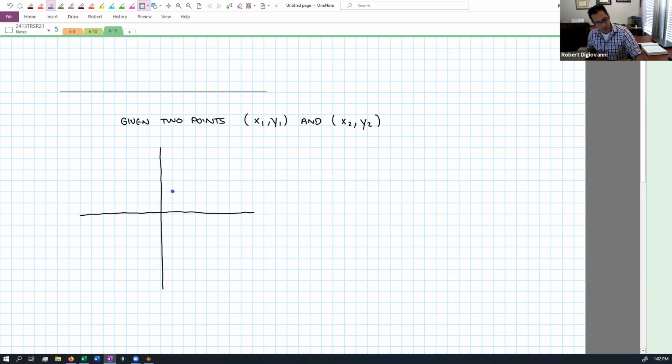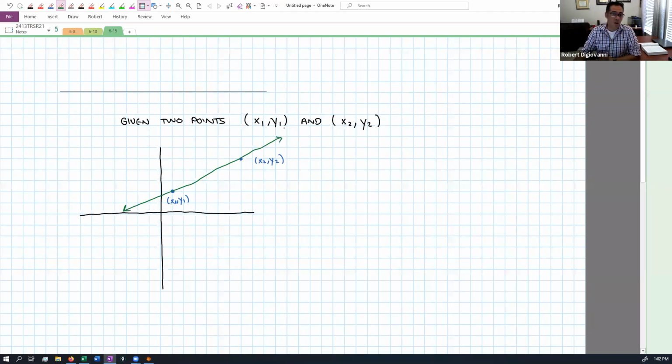I'm just going to place one here. We'll call that the x1, y1. I'll just place the other one here. This is x2, y2. And so if you're given 2 distinct points, they're not right on top of one another, then you can always draw a line connecting the two, right? So you can always connect these two with a straight line.